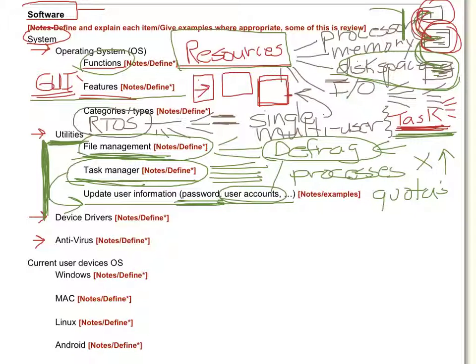Device drivers. Device drivers are software that allows a certain piece of hardware to communicate with your operating system. For example, let's say you wanted to add some external storage. You're going to purchase an external hard drive, and that's going to have a USB, and depending on the size and so forth, you might actually be able to power that, spin it, using power from your USB.